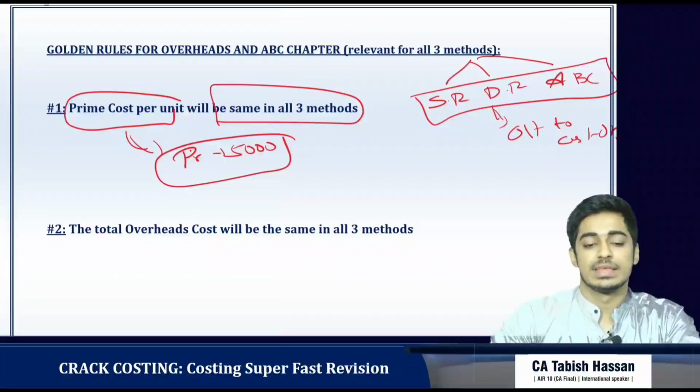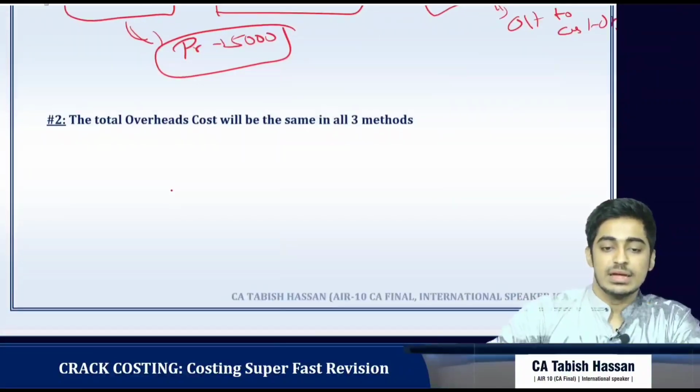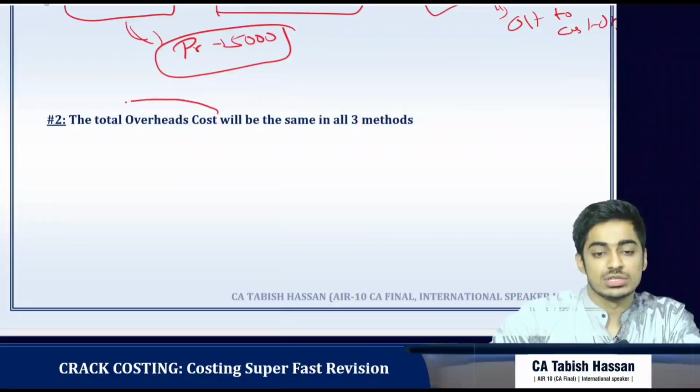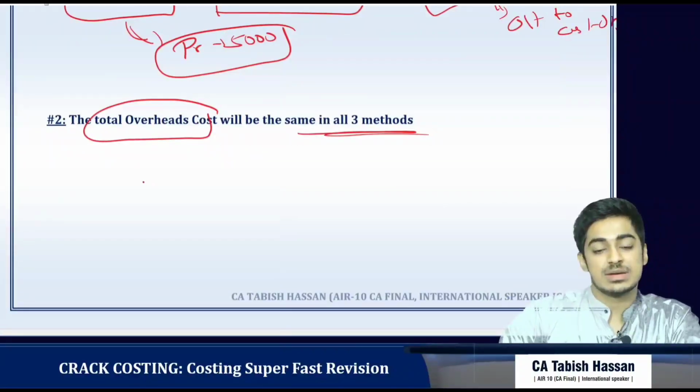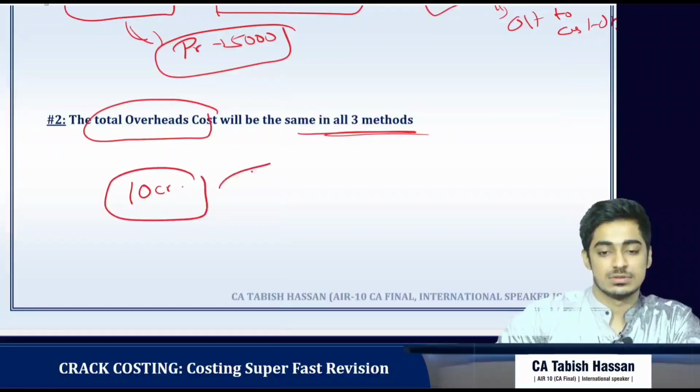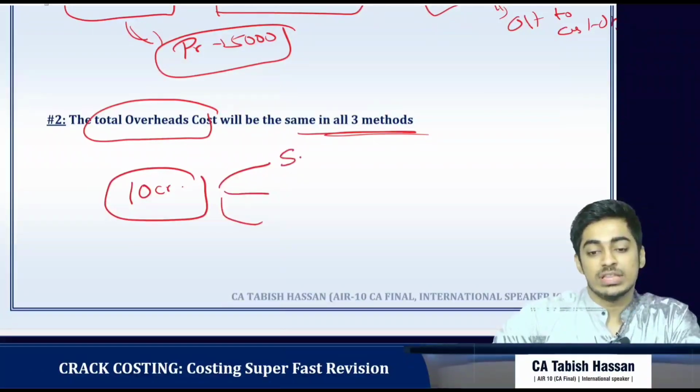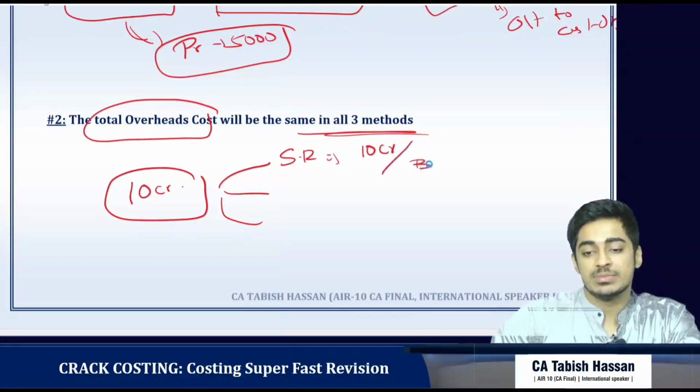Cool. Second, the total overhead cost will be the same in all three methods. For example, in our case, we've taken the total overhead as 10 crore rupees. So if we are following the single rate method, we just take 10 crore divided by a basis.